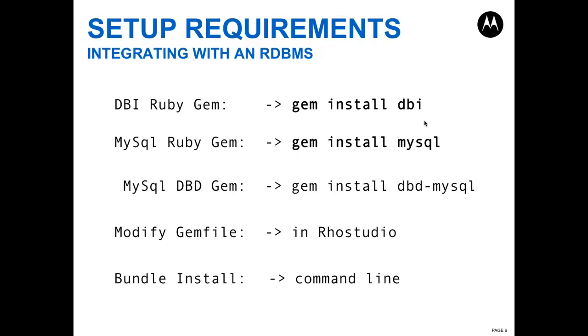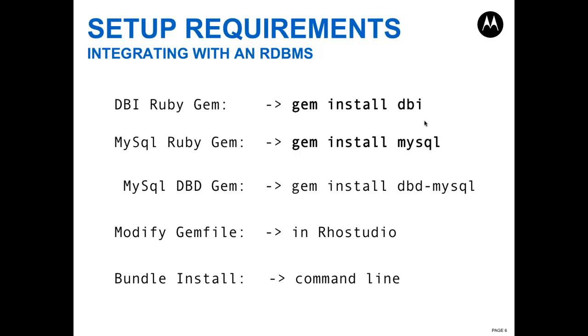So for our system requirements, the items that I have had to install on my machine include the DBI Ruby gem. Now, with some of your Ruby installs, the DBI Ruby gem might be installed, but it's always a good practice to make sure of that before getting started. You will need that gem installed in order to get your connectivity.